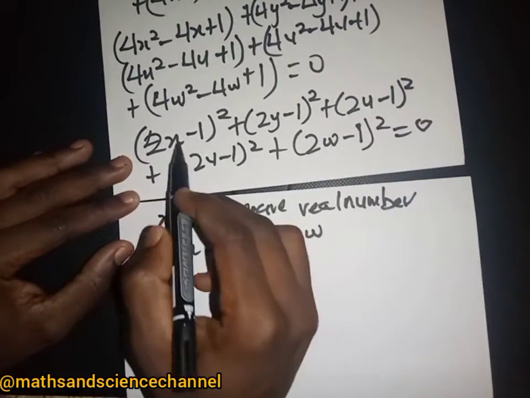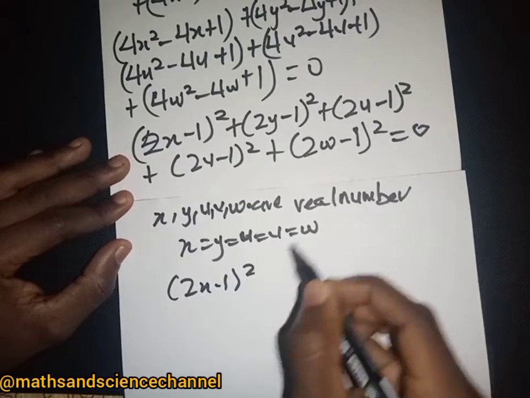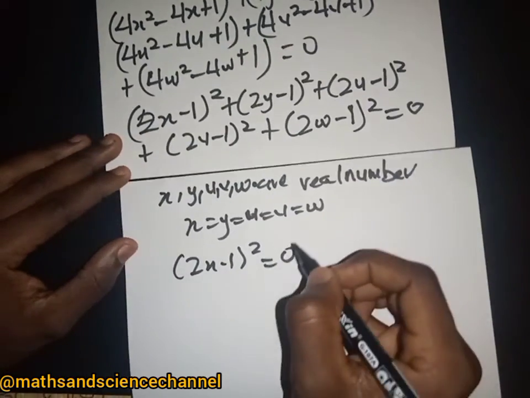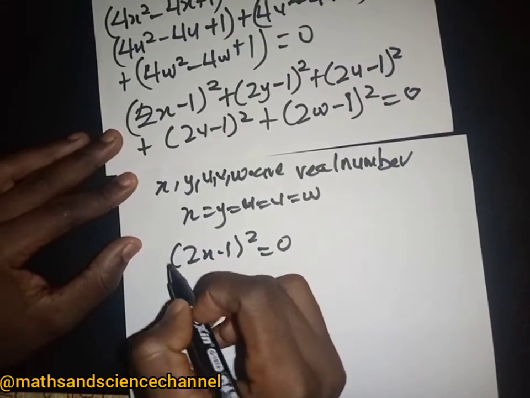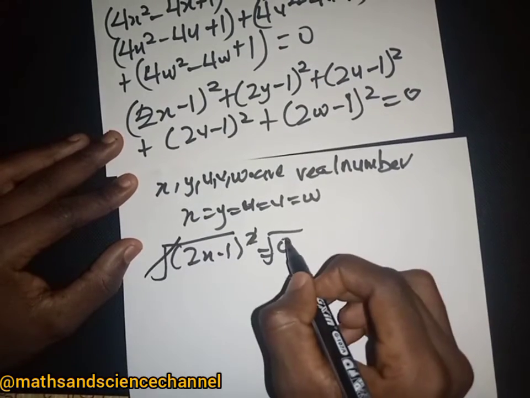So when we take one of the variables here, we have 2x minus 1 squared being equal to 0. Then we apply the square root on both sides to get rid of the square.